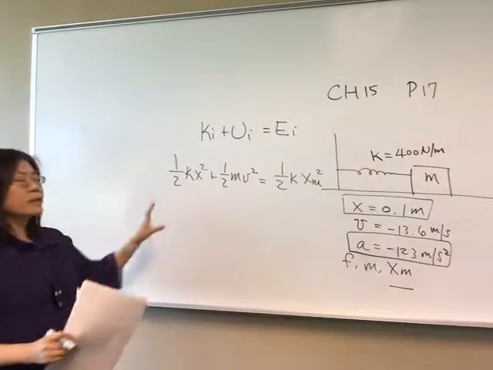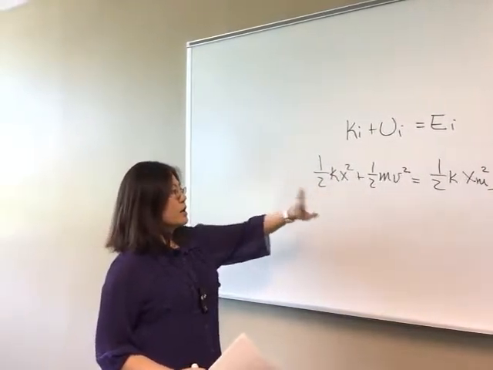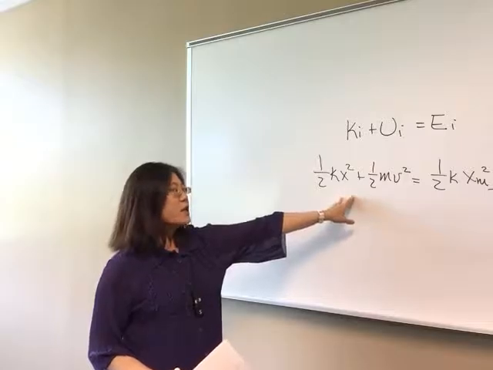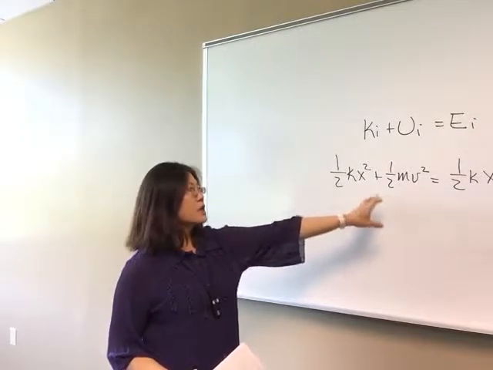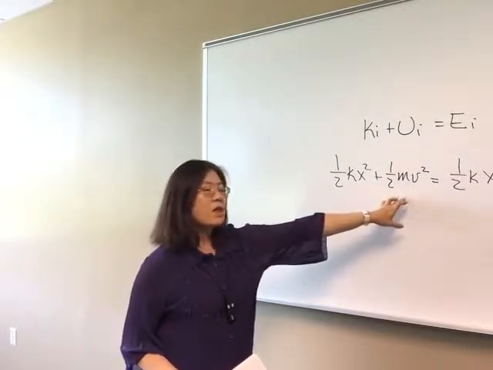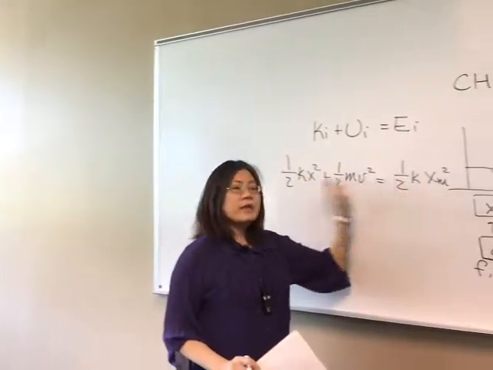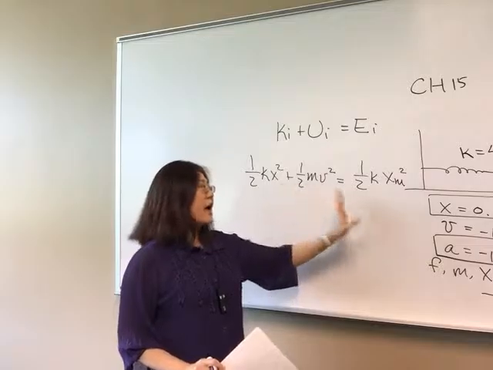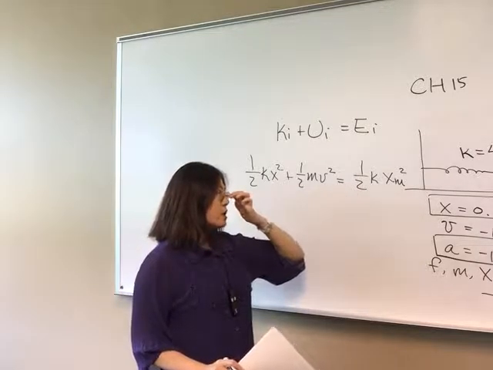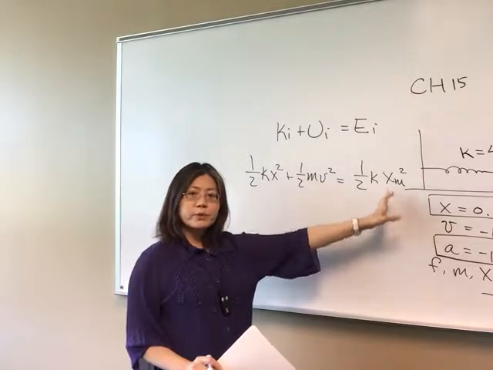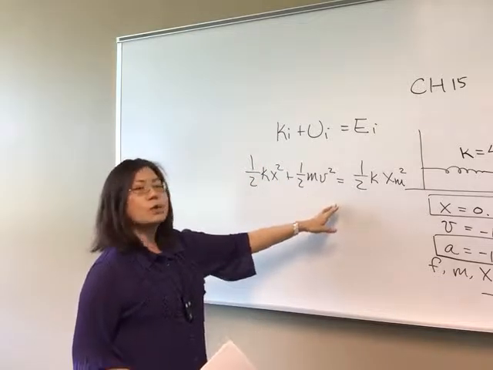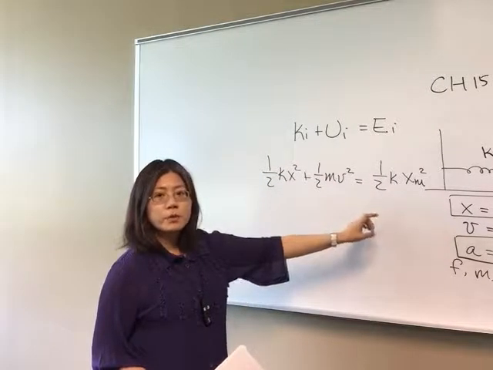This is based on the conservation of energy. On the left-hand side, at time t, we have the x value and the velocity value, which are instantaneous values, and the sum of these two energies has to be equal to 1/2 k xm squared, or 1/2 m vm squared.